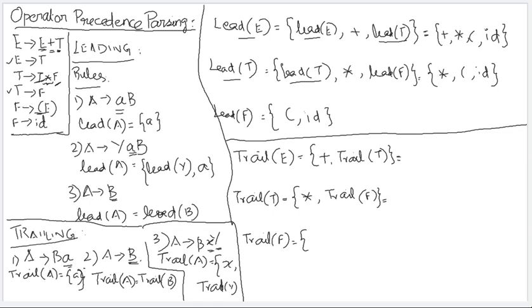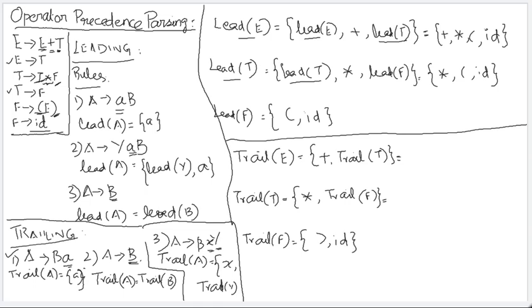In the first production, what is the trailing element? The closing bracket is the trailing element. Since it is a terminal, it is like your first rule, so you can include that closing bracket as such. And then the next production, F tends to ID. Only one terminal symbol, just include it as such.